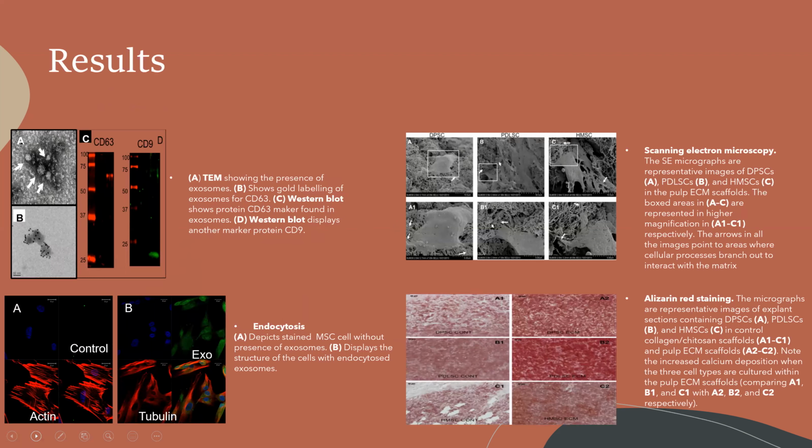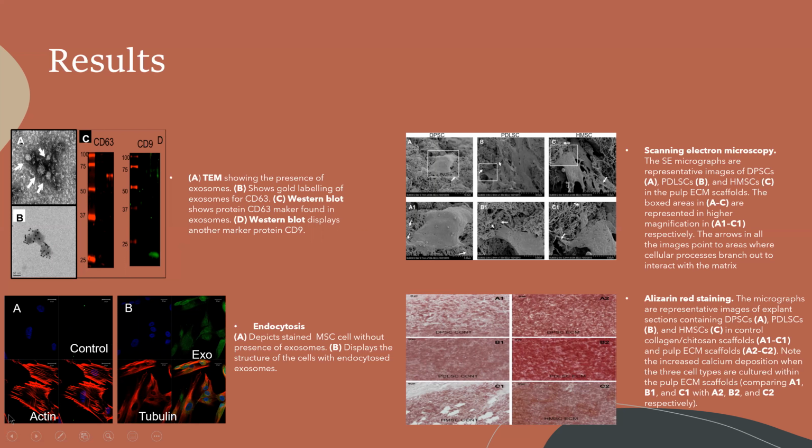So these are some results from the studies I just picked out that explain the successful identification and characterization of exosomes. Figure A to the top left shows the presence of exosomes in the isolates verified by TEM. These are electron micrographs showing the presence of exosomes, while figure B shows immunogold labeled exosome marker protein CD63.